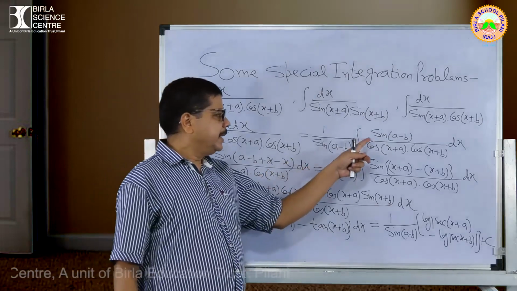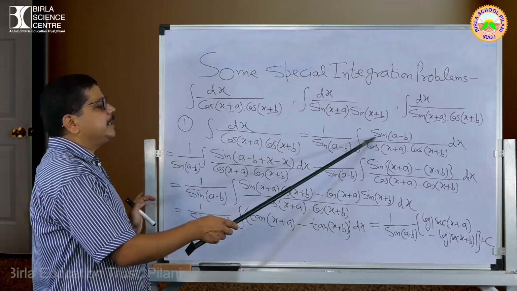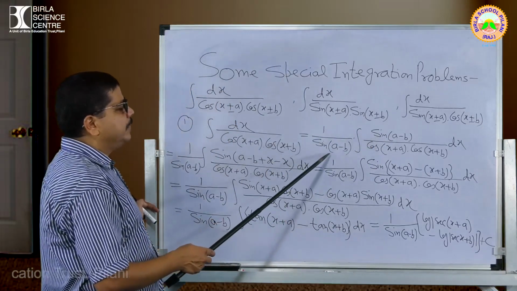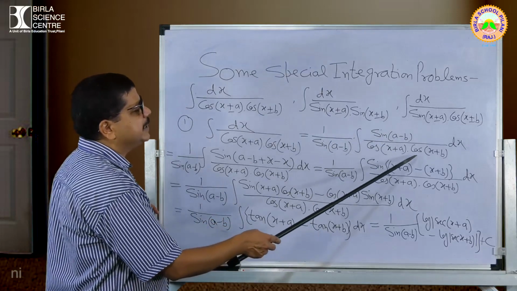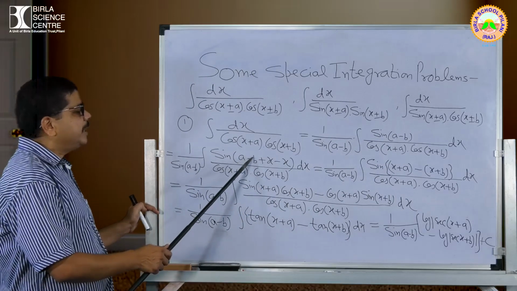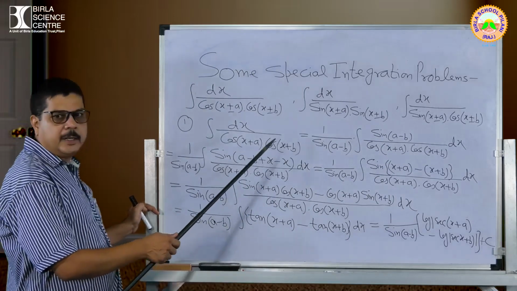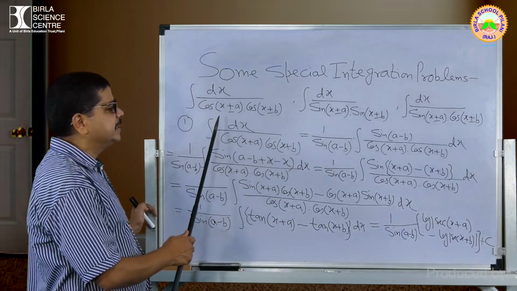So multiplying by sin(a minus b) and dividing by sin(a minus b), it takes the form 1 upon sin(a minus b), sin(a minus b) upon cos(x plus a)cos(x plus b). Then in the sin(a minus b) expression we add x and subtract x. We write plus x minus x.